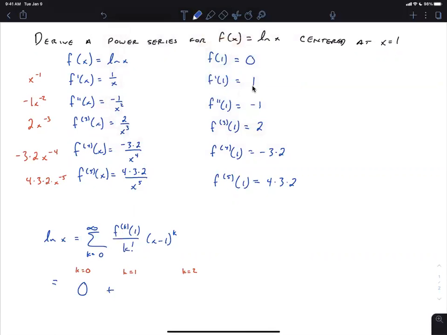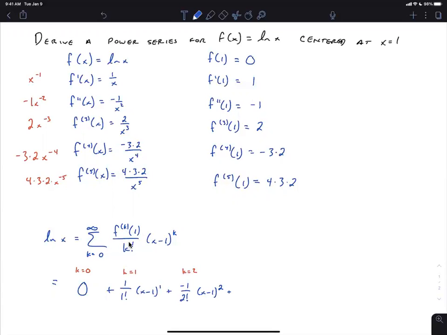So the whole term becomes 1 over 1 factorial times x minus 1 to the first. And then when I plug in k equals 2, I get f2 of 1. Well, that's off the list. That's negative 1. So negative 1 over 2 factorial, and then x minus 1 squared.